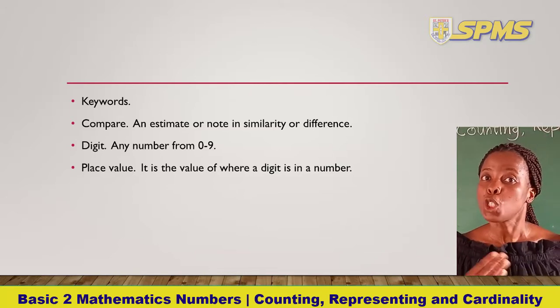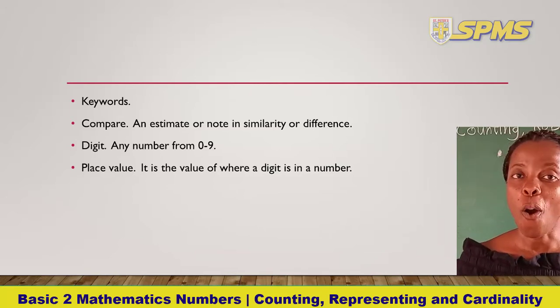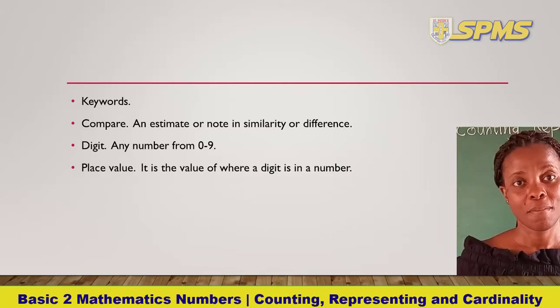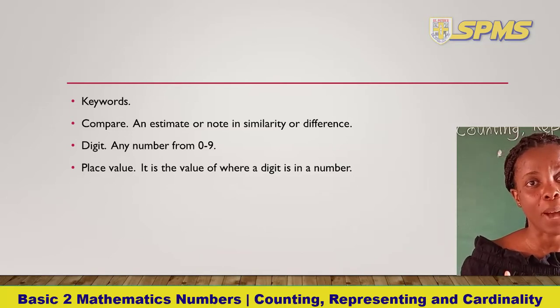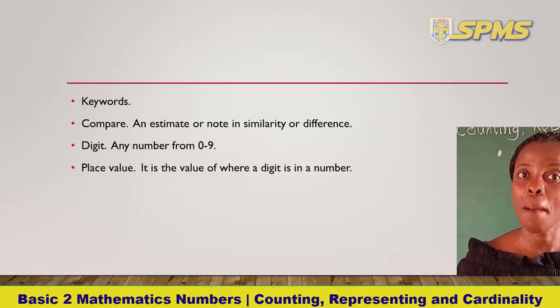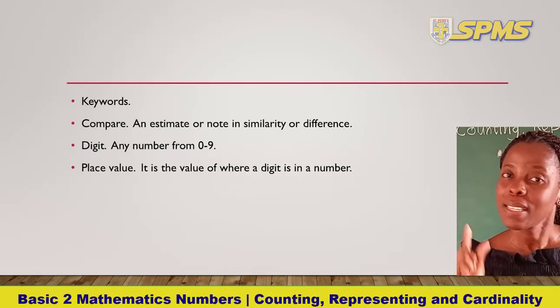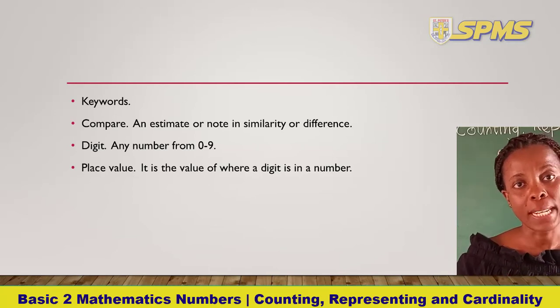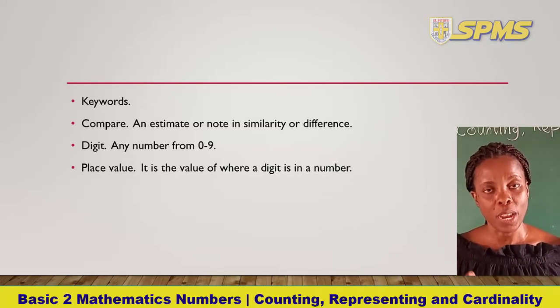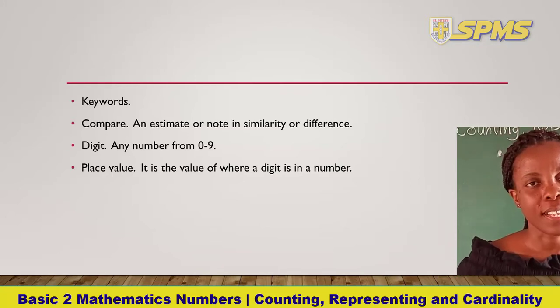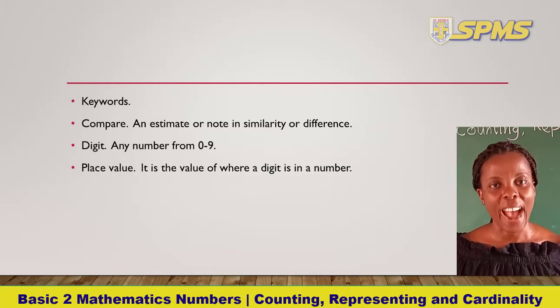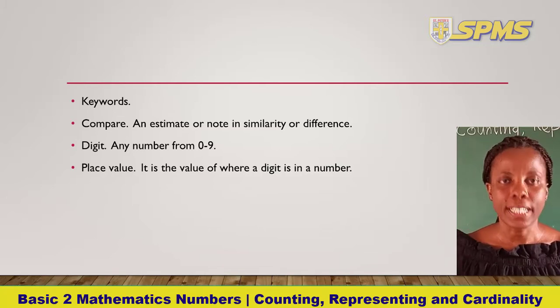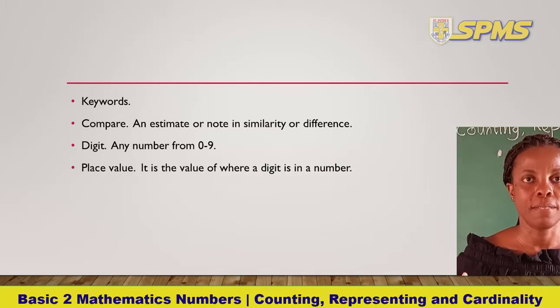I'm going to call it 2 digits or 3 digits. But the moment I have a number standing on its own, so numbers from 0 up to 9, single numbers, they are digits. So 1 is a digit, 2, 3, 4, 5, 6, 7, 8, 9. They are all digits.